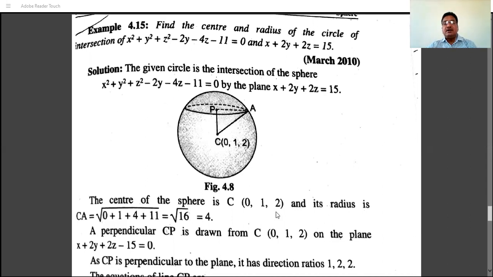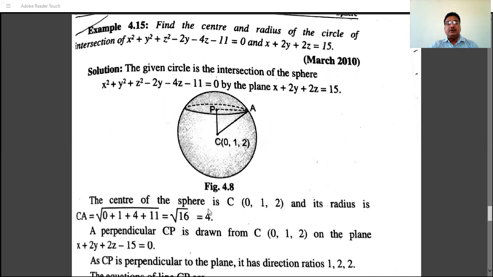And then the center of the sphere is (-u, -v, -w), that is (0, 1, 2). And the radius of the sphere: the formula is the square root of u² + v² + w² - d. Since d is -11, it becomes plus 11.